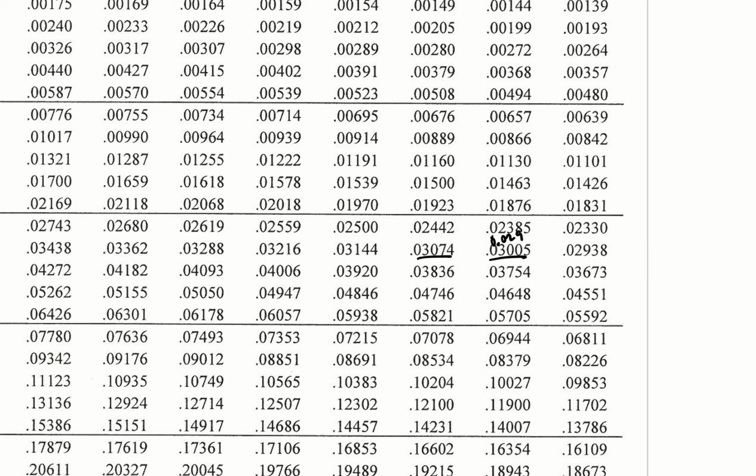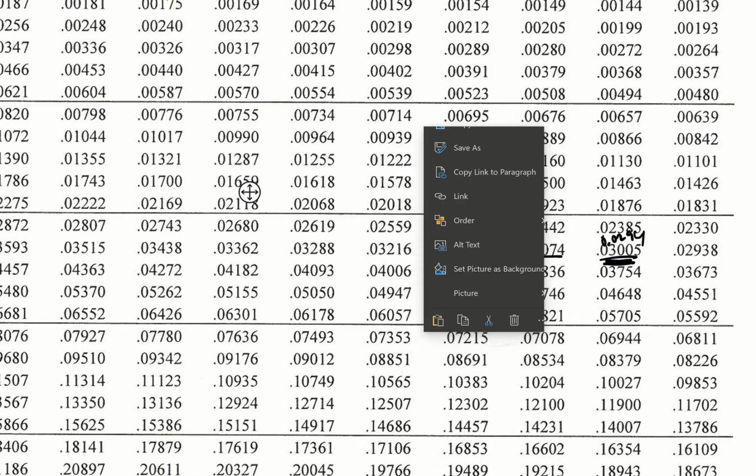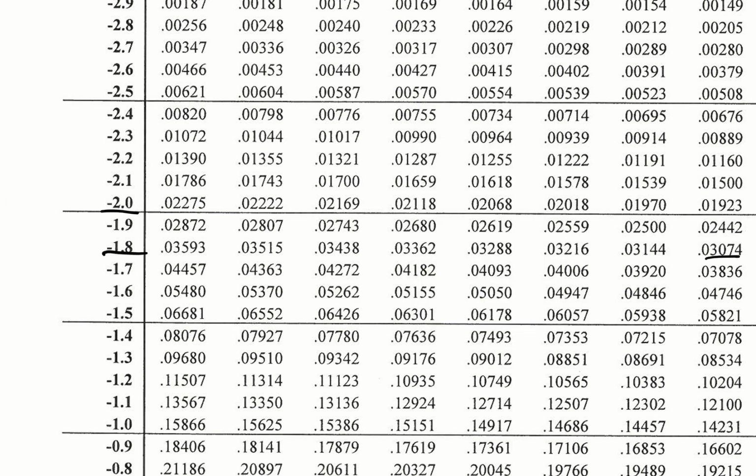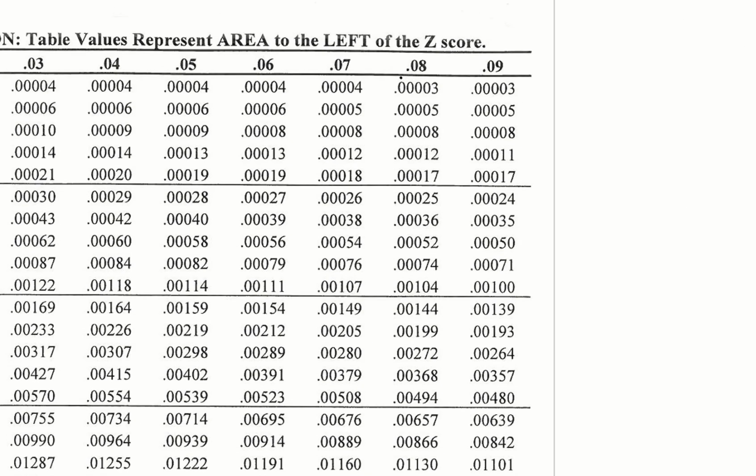Because it was 0.0294. So that's probably one of the closest ones. This is the closest to that, 0.03. And so that's going to be negative 1.88. So that's how we got that value.